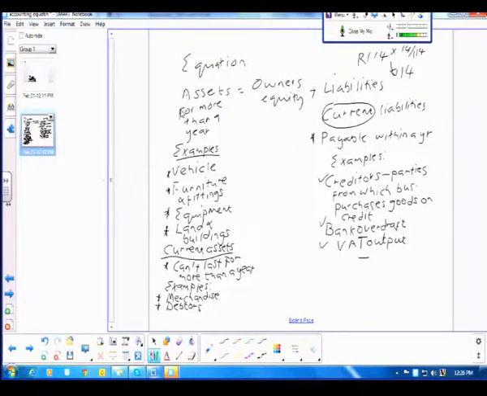And then under our current assets, we have what we call our bank. The balance at the bank does not stay the same. It changes almost every single day because we withdraw some money, we deposit some money, so the balance will be changing all the time.